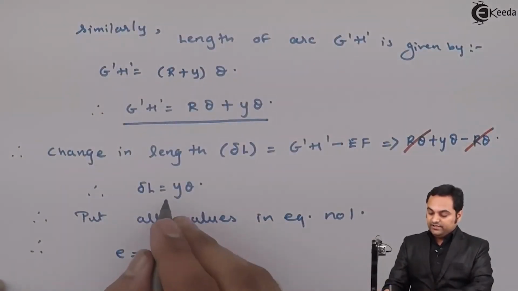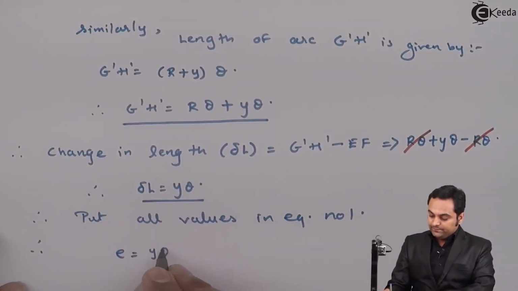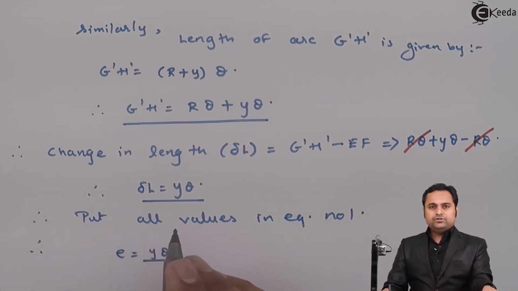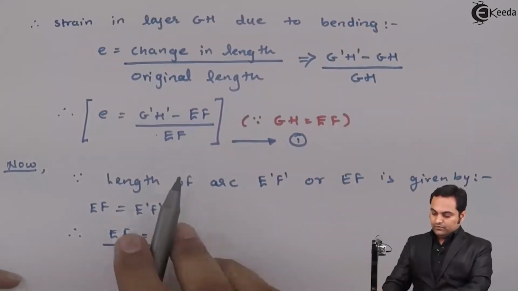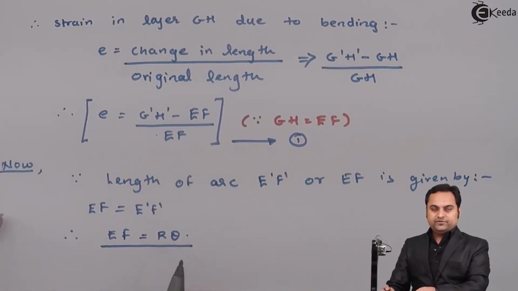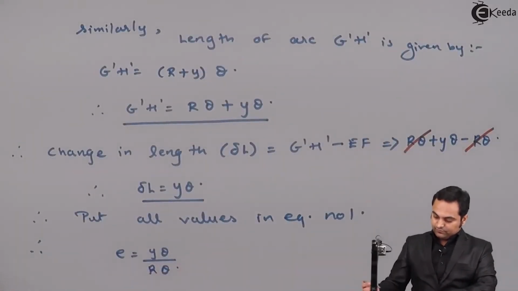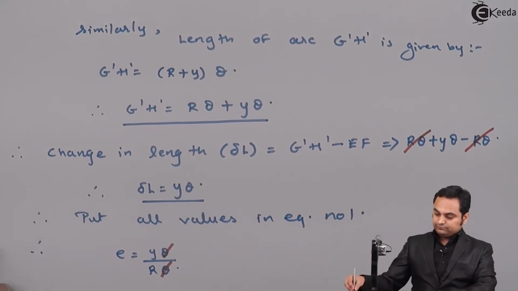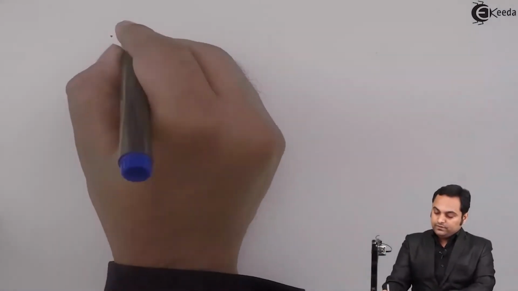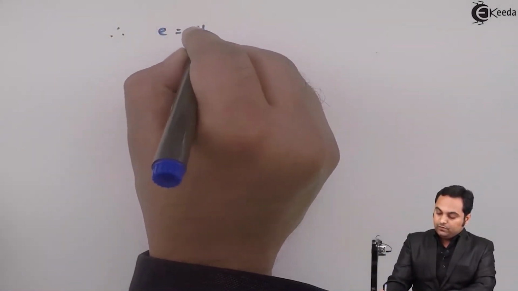Change in length is delta L, which we found is y theta, upon the original length which is EF, it was R theta. So from the numerator and denominator, theta will get cancelled out. So we have strain equal to y upon R.